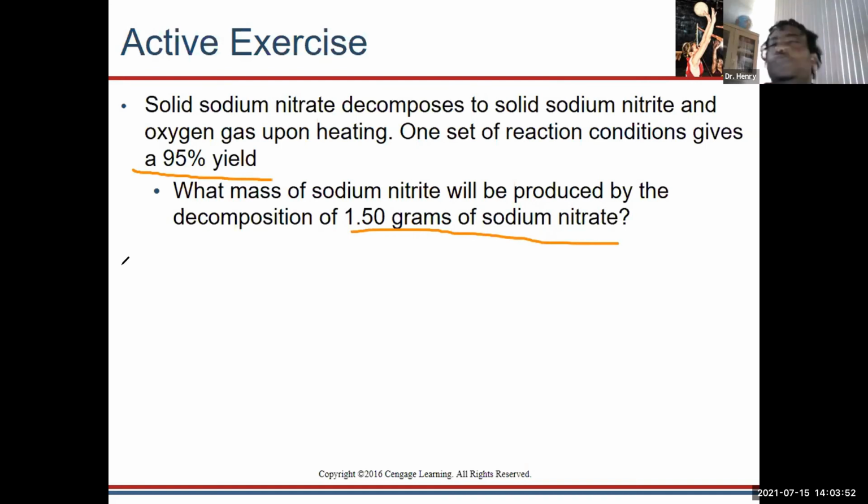We put our chemical reaction together. So what is our chemical reaction here? What does sodium nitrate look like? What is the chemical formula for sodium nitrate?